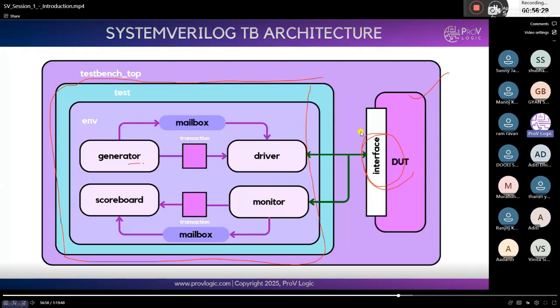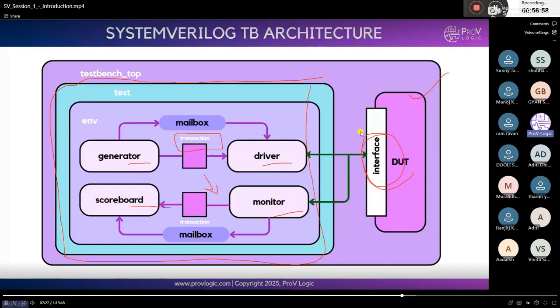Coming to the generator. Generator is a class. All these four components are classes only. Generator is a class, driver is a class, monitor is a class, scoreboard is also a class. Before that, see here, transaction. Transaction is also a class. What is meant by transaction here?